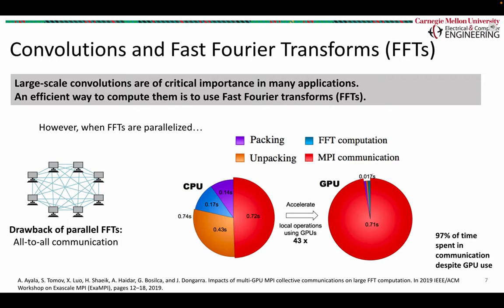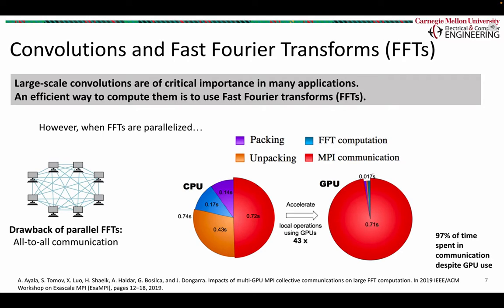A study showed that when a 1024 cube point FFT was computed in parallel on 4 CPU nodes, about 49% of the runtime was spent in communication and only 11% in computing the FFT. When accelerated using 4 GPUs, the communication time was 97% of the runtime, even though the computation was 43 times faster.